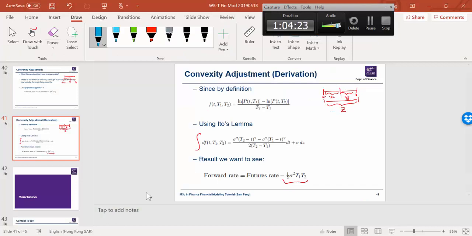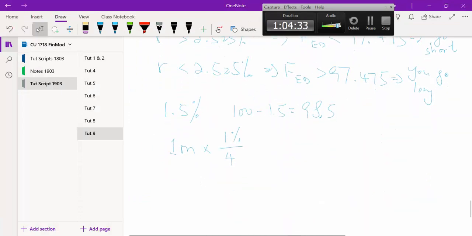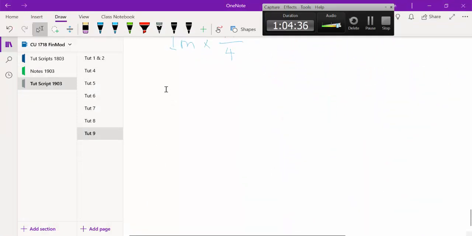Let me get that formula back. Here we go. So I'm going to copy and paste this. I think I can do that, can I not? I'm going to copy and paste this here. Yes. Isn't that nice?